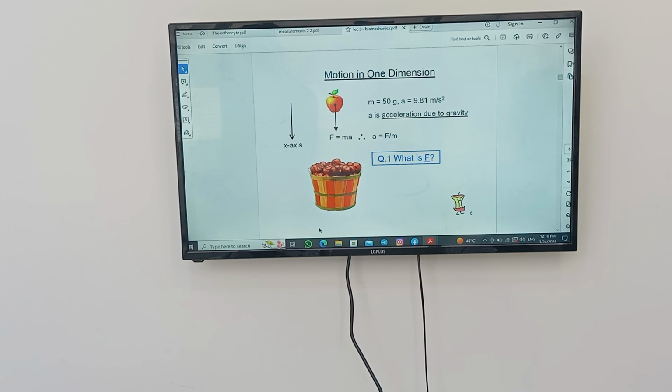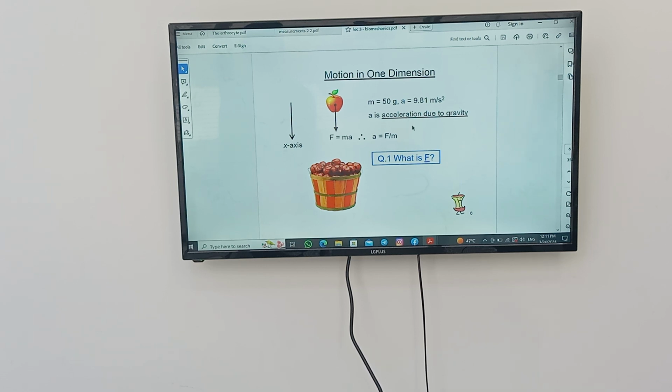Motion in one dimension. We have here the x-axis, and the force equals the mass multiplied by acceleration. Ergo, the acceleration equals the force divided by mass, by doing a cross multiplication. So if we have the mass of this apple is 50 gram, and the acceleration is 9.81 meter per second squared, which is the acceleration due to gravity.